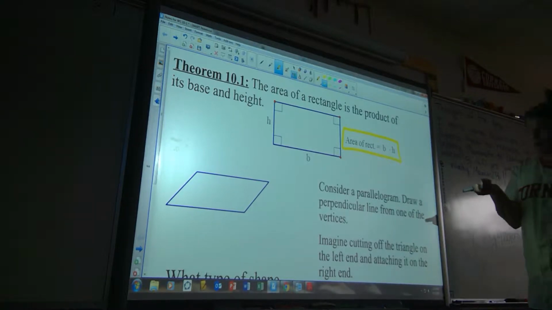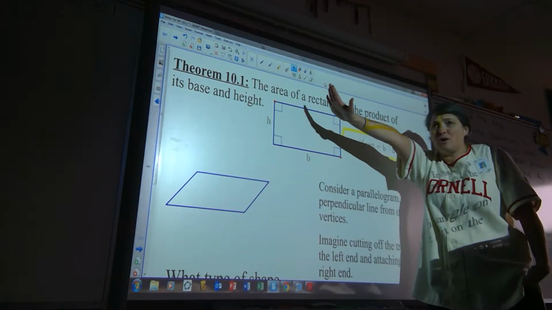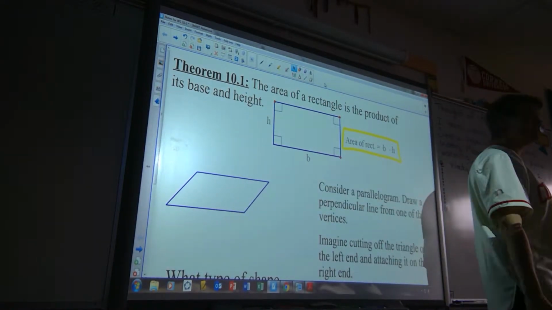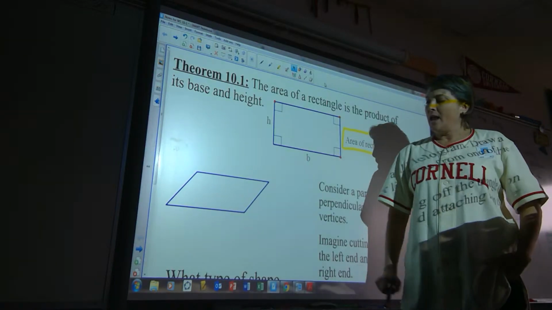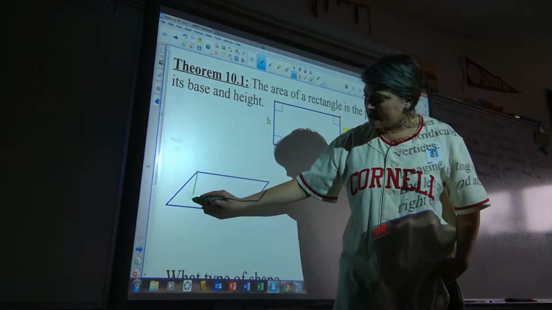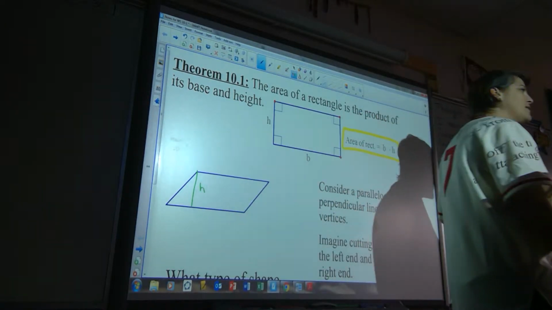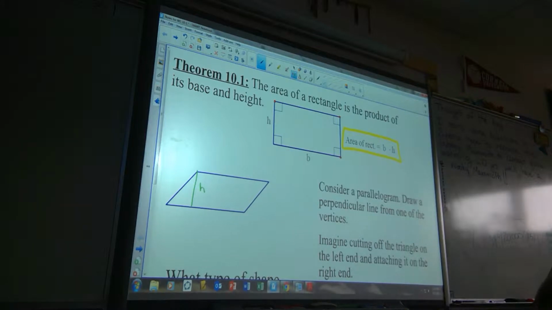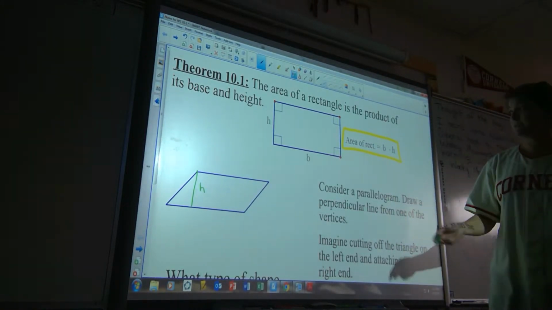Now, a parallelogram can literally come from this rectangle kind of just being shoved over until it leans. Okay, so it's just like a leaning rectangle. And if I draw in the height right here, the one thing that I have to make sure of is that my height is in fact perpendicular to my base.